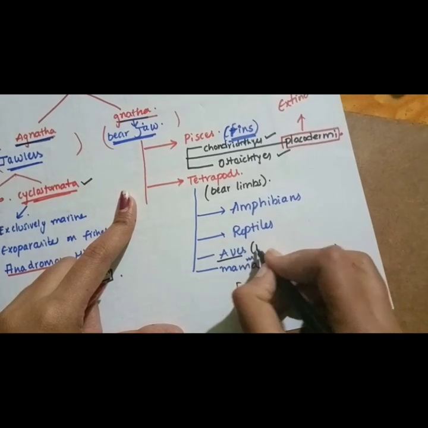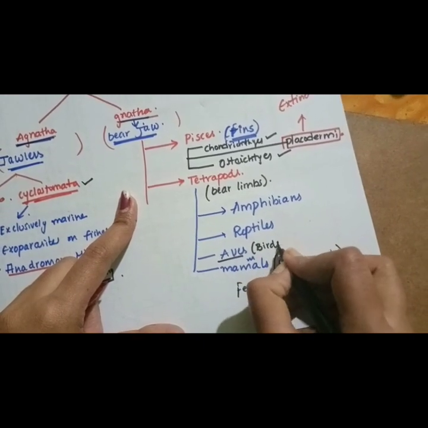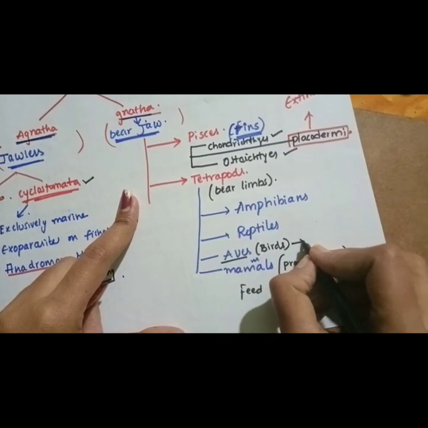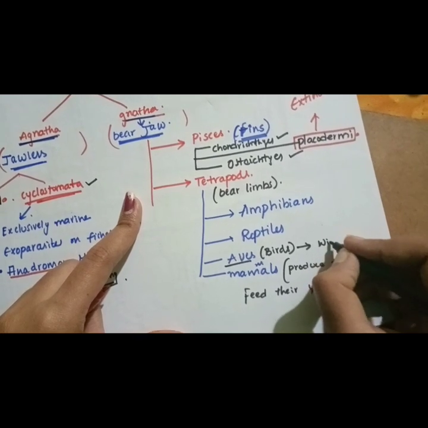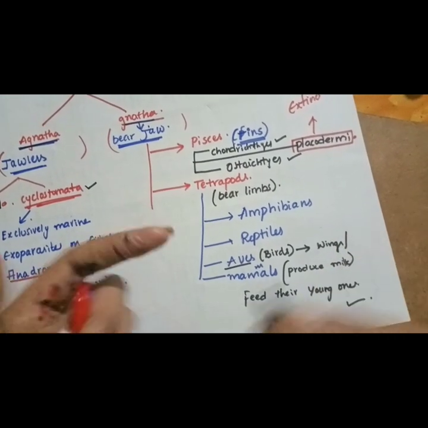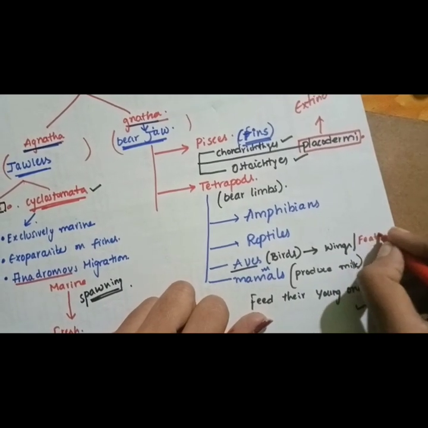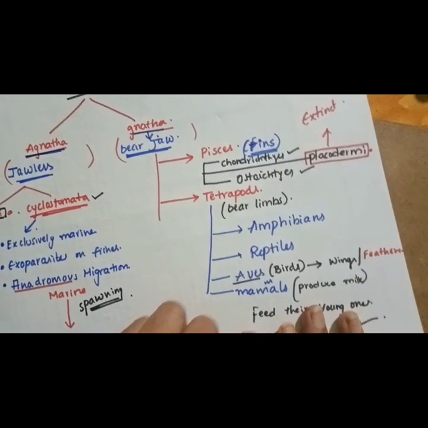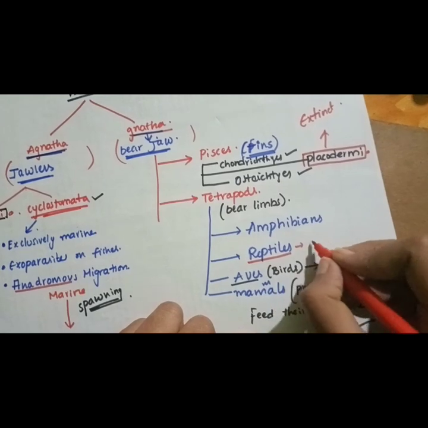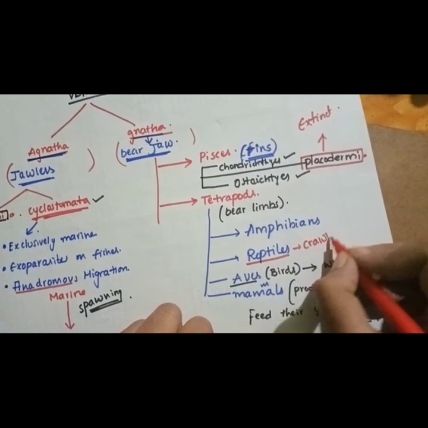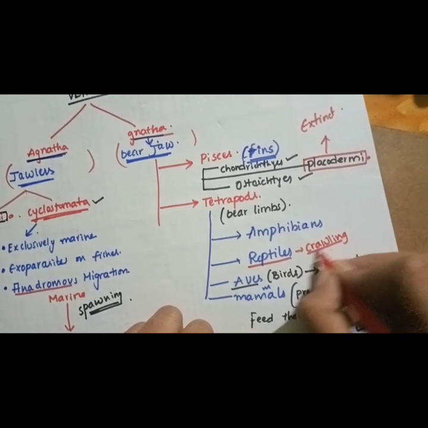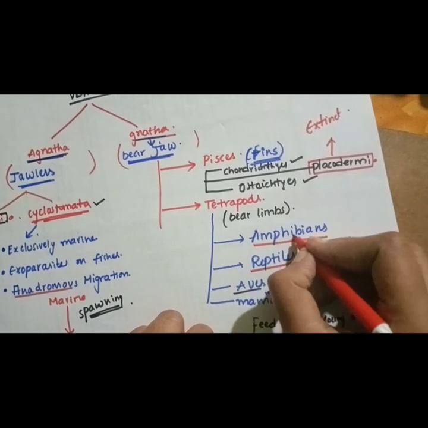Kangaroo, humans, etc. Coming to the aves, birds. Birds are considered as aves, the organisms bearing wings or feathers, hence flying animals. Reptiles are the crawling animals such as snake, crocodile.